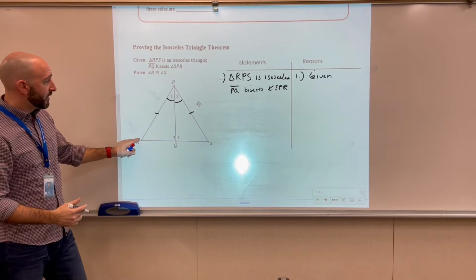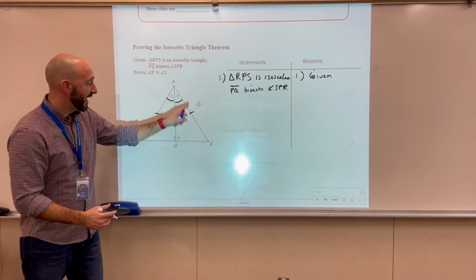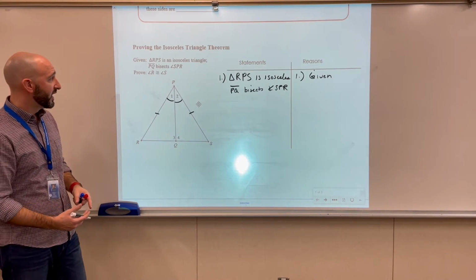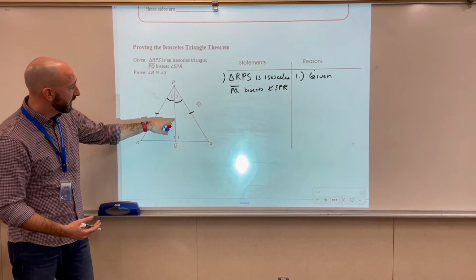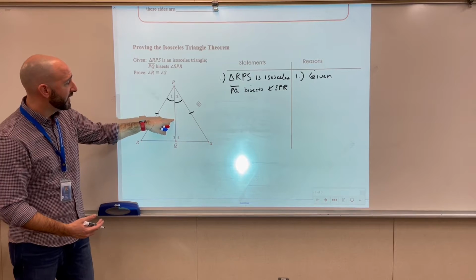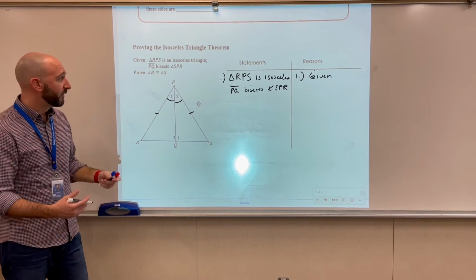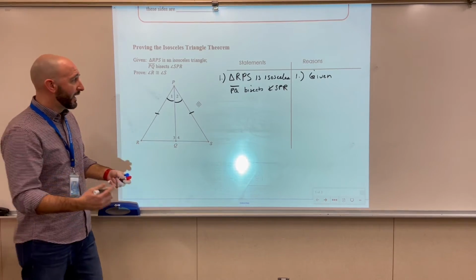So really, in order to prove that RPQ is congruent to SPQ, all we need is one more congruent statement. In this case, it's just going to be this side right here being congruent to itself to give us side angle side.